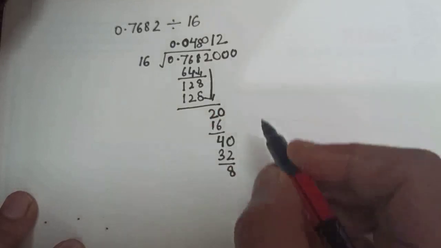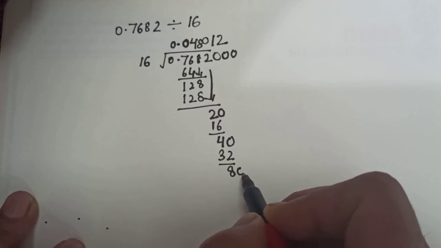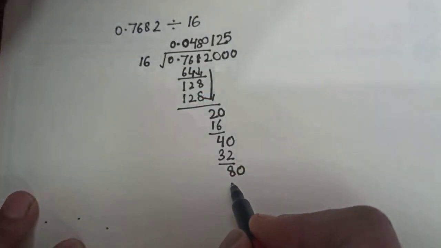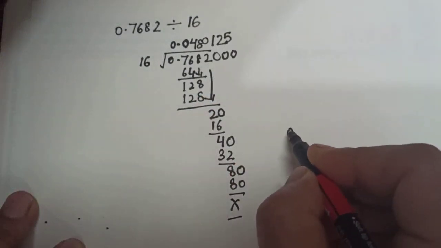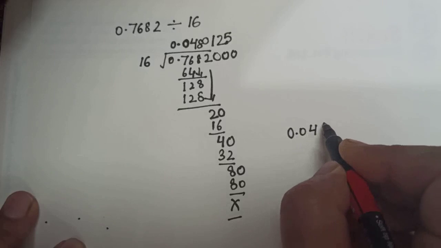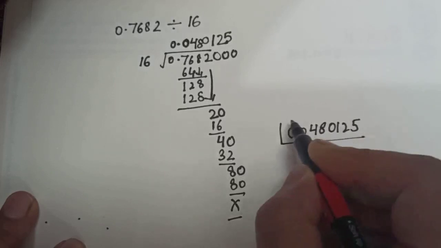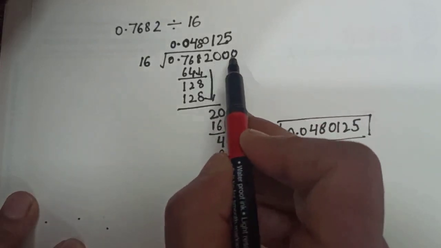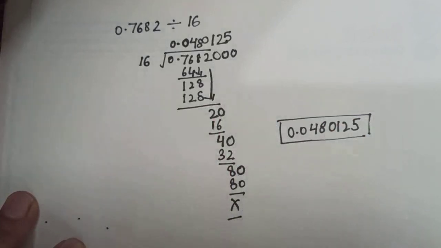Again 0 more we will put here in the dividend and it comes down here. So now 16 5s are 80. So this way we get here the answer as 0.0480125. So you can see here we are putting zeros in the dividend till we get remainder 0.